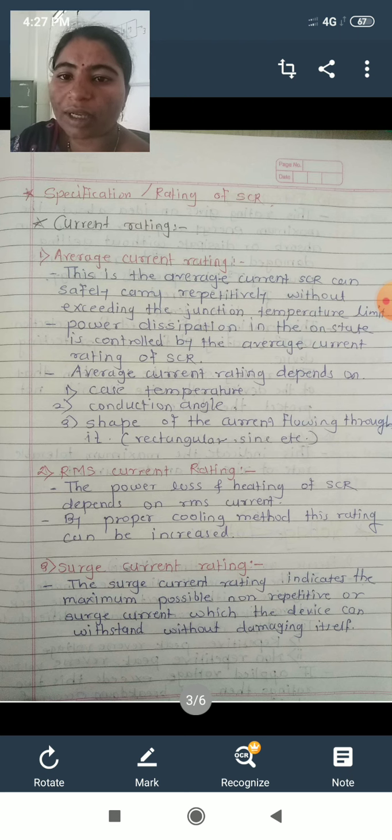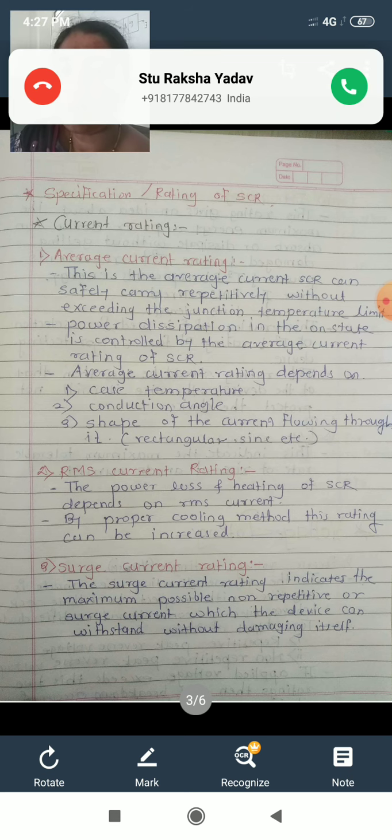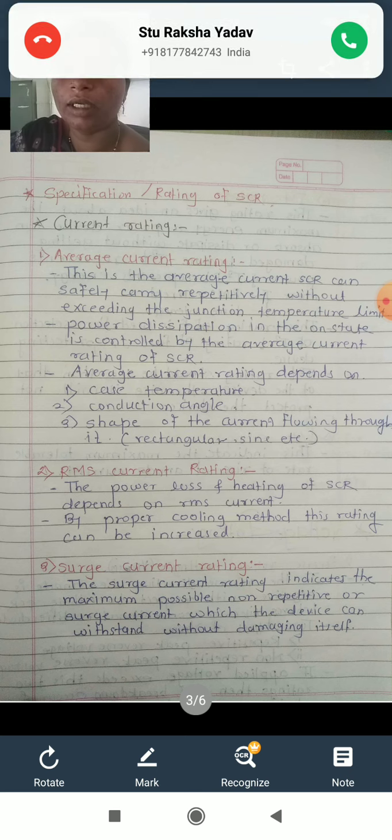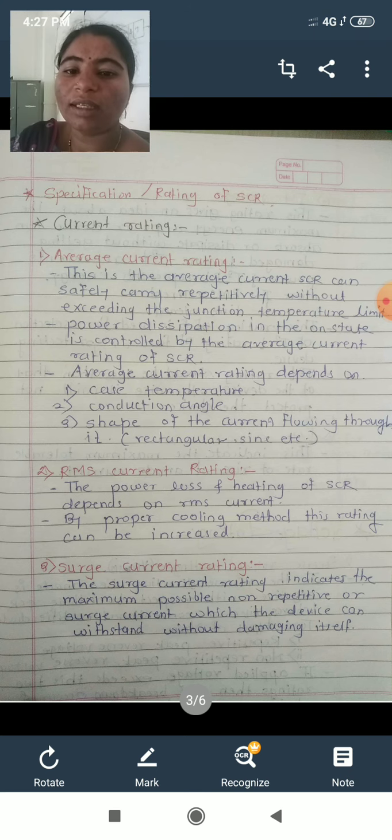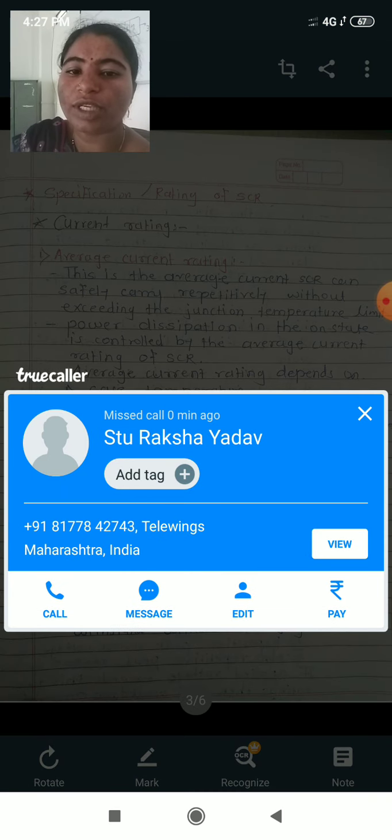Power dissipation in the on state is controlled by the average current rating of the SCR, and this average current rating depends on the following factors: first is case temperature, second is conduction angle, and third is shape of the current waveform. If the shape of this current waveform is rectangular, then its current rating will be directly proportional to the duty cycle.